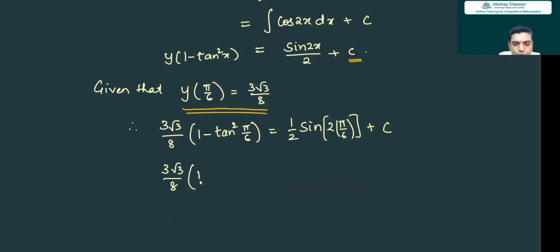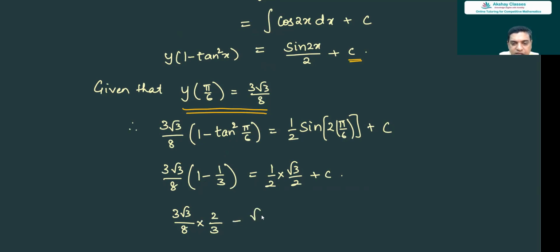Square will give us 1 upon 3. This is half times sine 2 times 30, which is sine 60, root 3 upon 2, plus c. So we get 3 root 3 by 8 into 2 upon 3 minus root 3 upon 4 is equal to c.